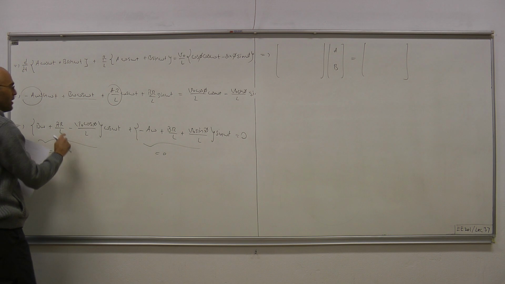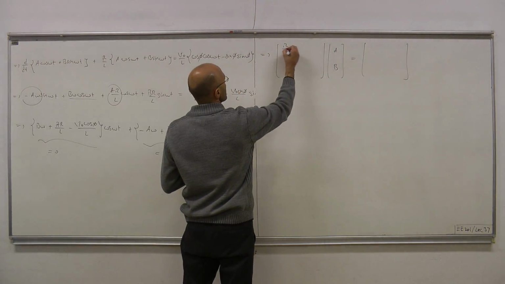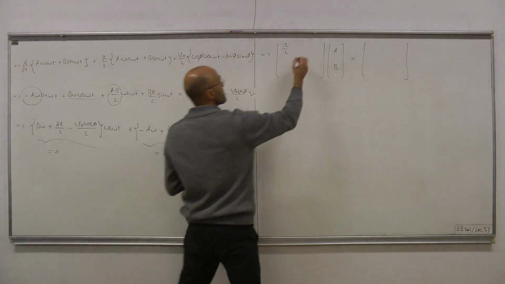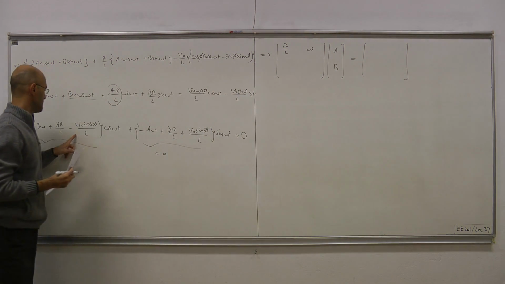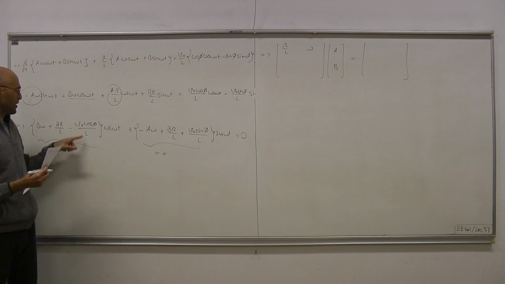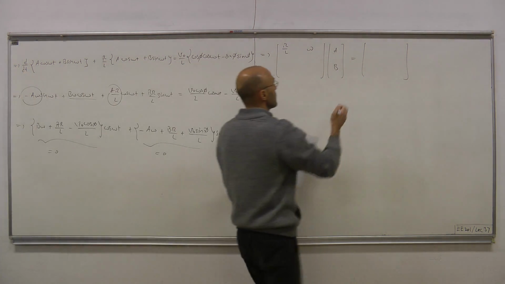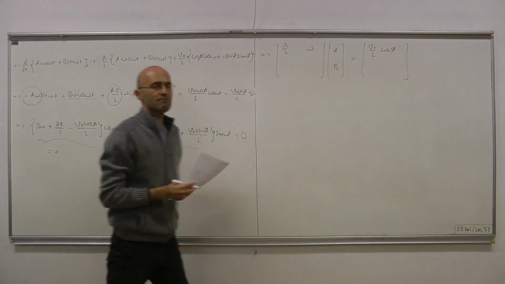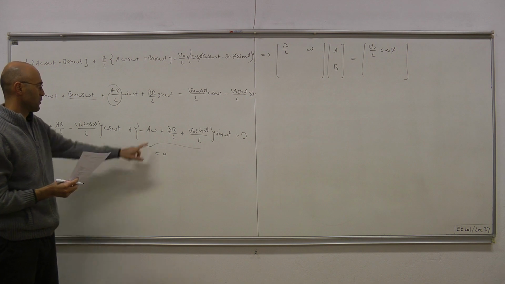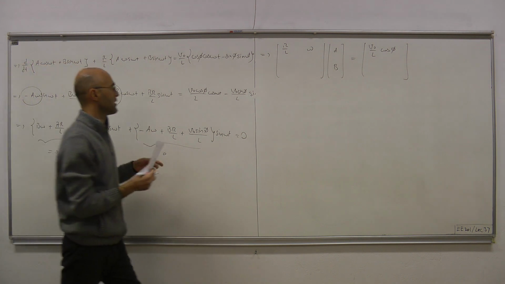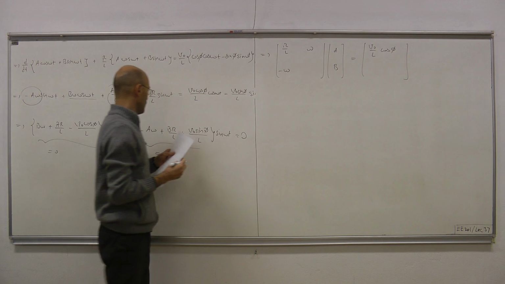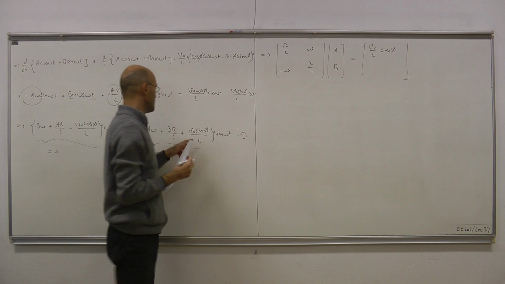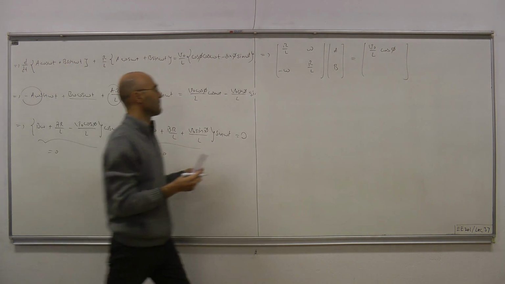We have R over L for A. For B, we have omega, and the right hand side equals omega 0 over L cosine phi. For the second row, let's look at the second equation. For A, we have minus omega. For B, we have R over L. And the right hand side is minus that guy.